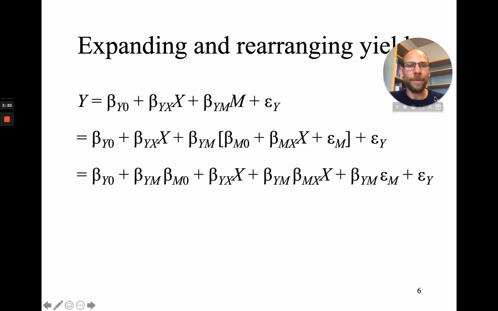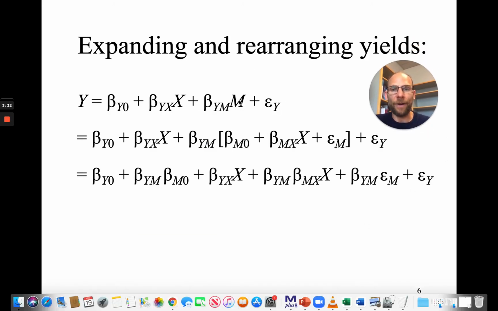When we put in what we have for m from the second equation, that's the term here in brackets in the middle, that goes in here for m. Then once we expand that and rearrange the terms a little bit, we get this pretty ugly, long looking equation at the bottom for y. So now we've turned our mediation model into a single equation model.